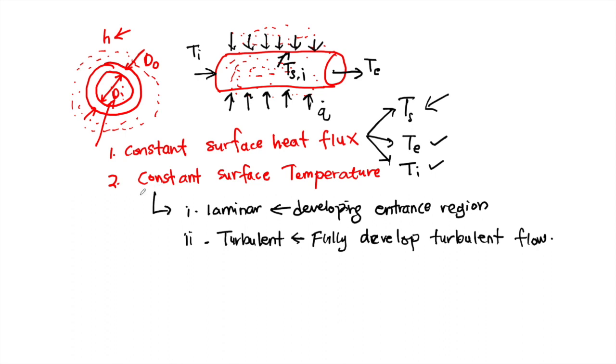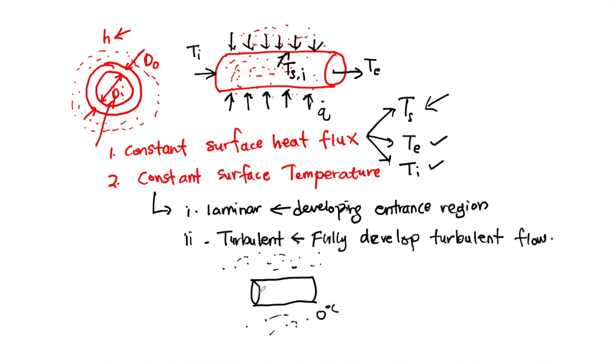What if we go to constant surface temperature? Under constant surface temperature, you will not have heat flux to the system. For example, you have your pipe submerged in a fluid, where the fluid is at 0 degrees Celsius.